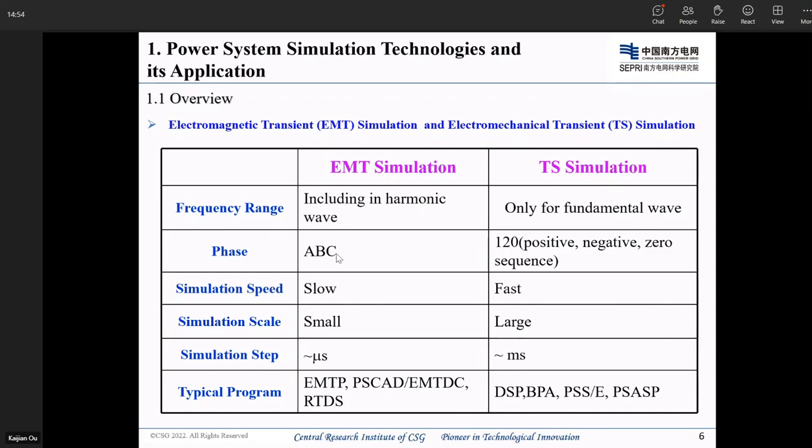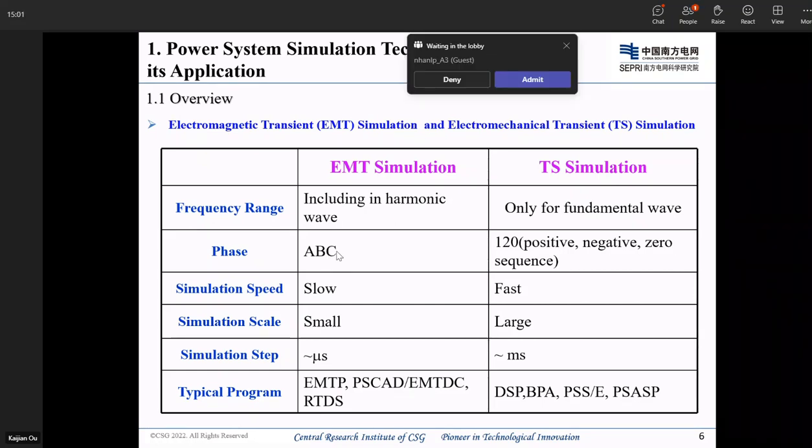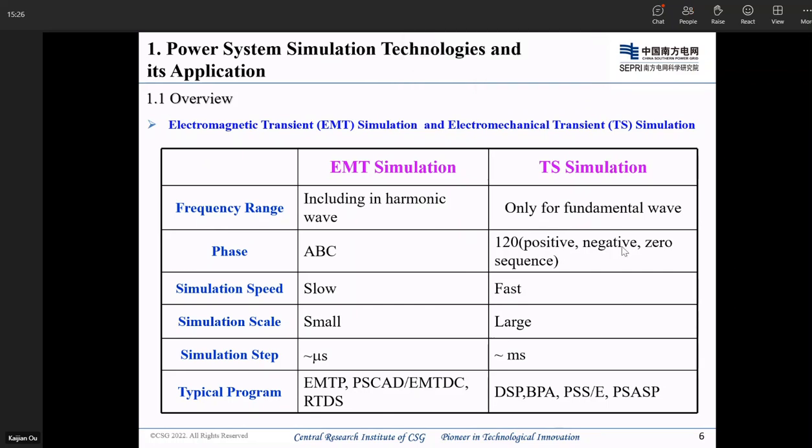For EMT simulation, it uses phase A, phase B, and phase C for the power system. But for TS simulation, there is no phase A, B, C. It uses positive, negative, and zero sequence, not each phase. This is for phase.